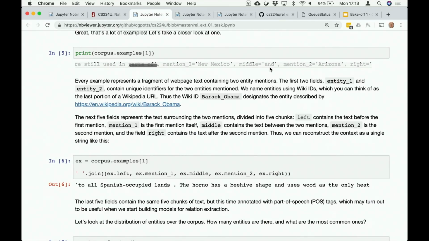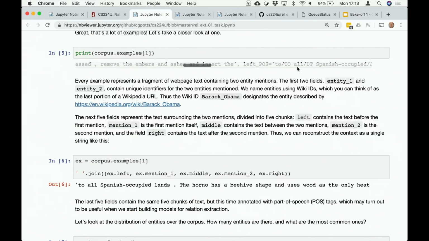In this case, it's just "and." Then we have mention 2, Arizona. And then we have right, which is everything to the right of the second mention. And so if you paste those together, you can kind of get the whole sentence. The procedure is still used in parts of New Mexico and Arizona is to build a fire inside the Horno, and so forth.